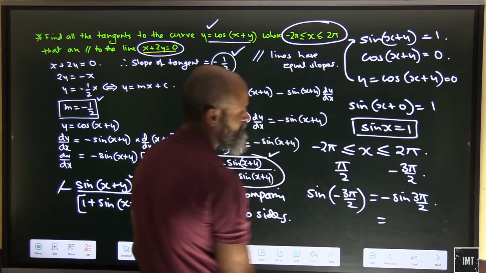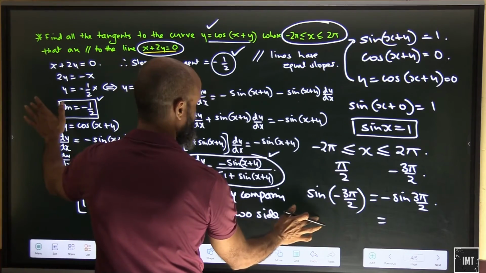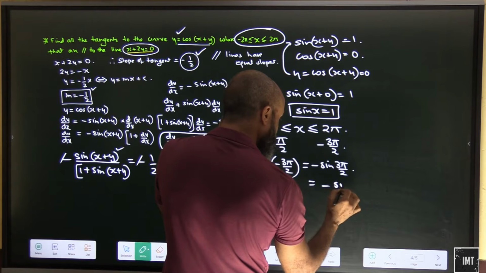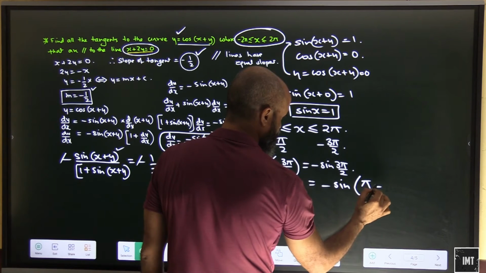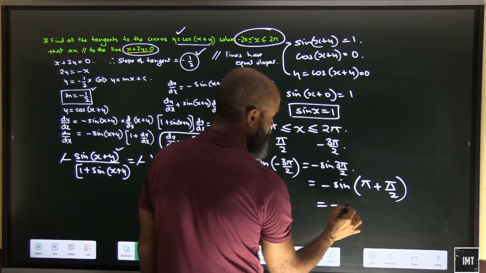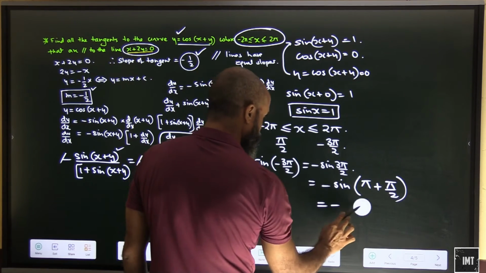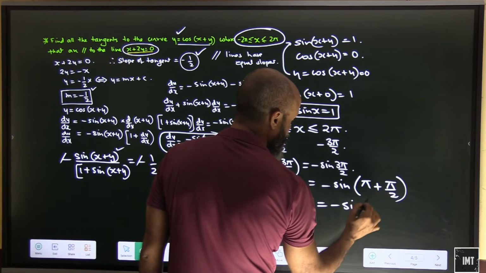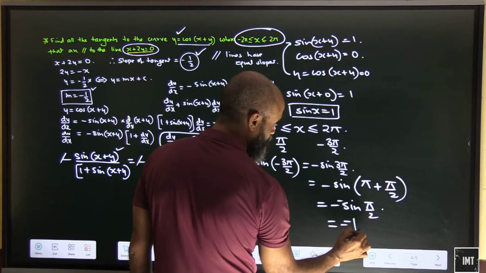So 3 pi by 2 is basically pi plus pi by 2, so that is minus sin(pi plus pi by 2), which is minus of minus sin pi by 2. So that will be minus of minus 1, that is plus 1.